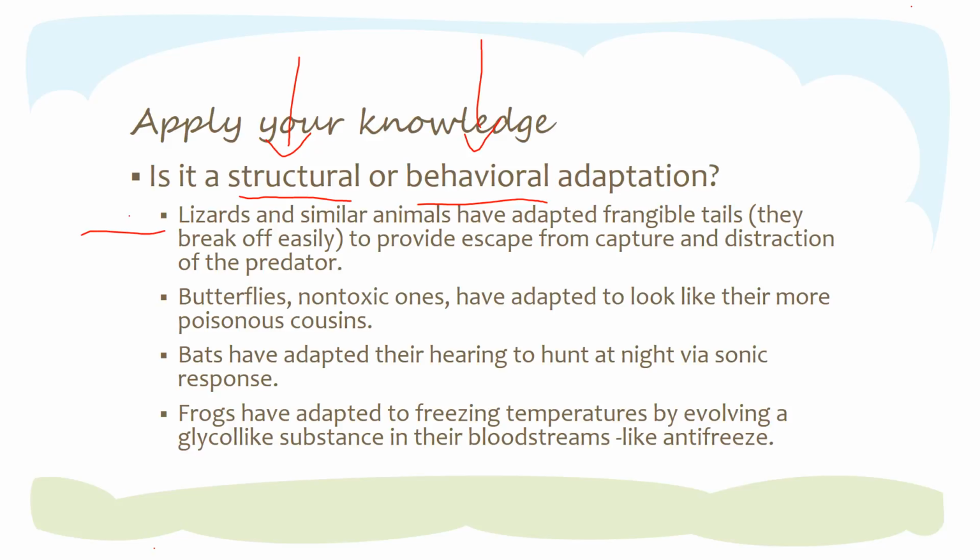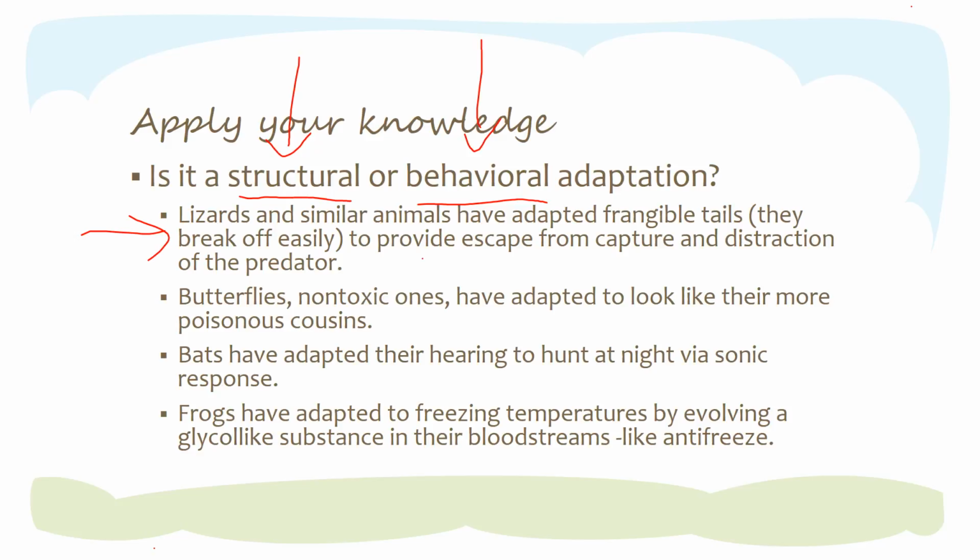So our first one, lizards and similar animals have adapted frangible tails, they break off easily, to provide escape from capture and distraction of the predator. Pause it if you need time to think. Is this structural, something that happens to their body, or behavioral, something that they do in order to survive?